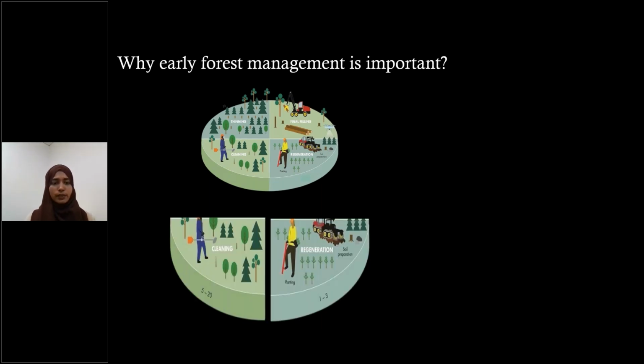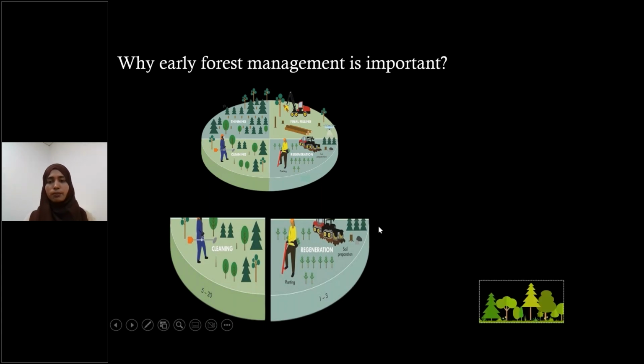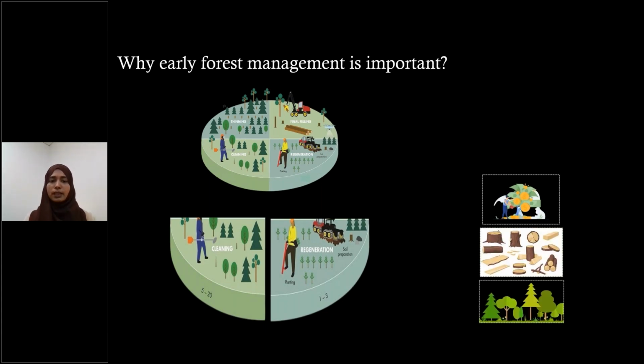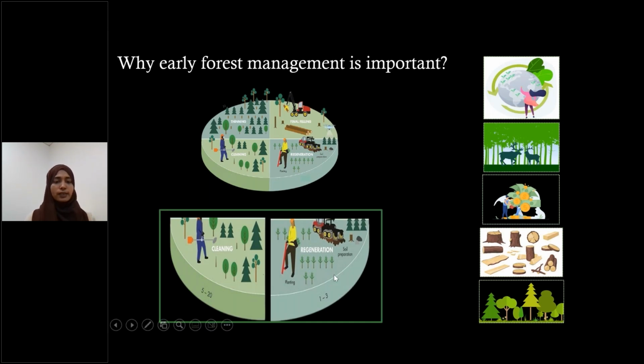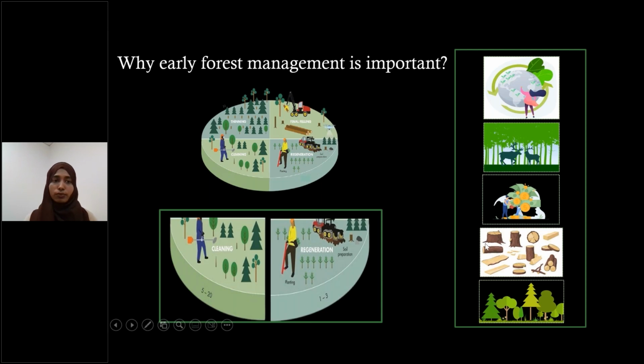If I zoom in on the young stand and establishment part, it occupies a very short period of time compared to the whole rotation. But future stand structure, future production, profitability, and different ecological and so many ecosystem services depend on how you manage this young stand. Considering that, in my research, I investigate how we can manage this young stand to combine all the services that we can get from a forest.